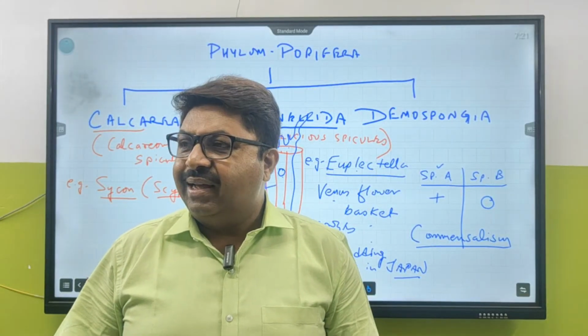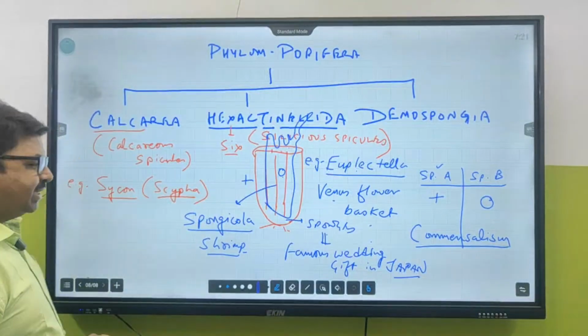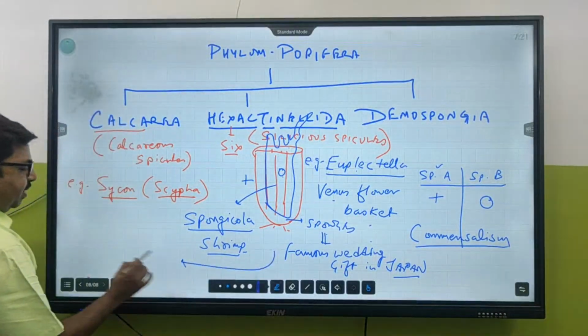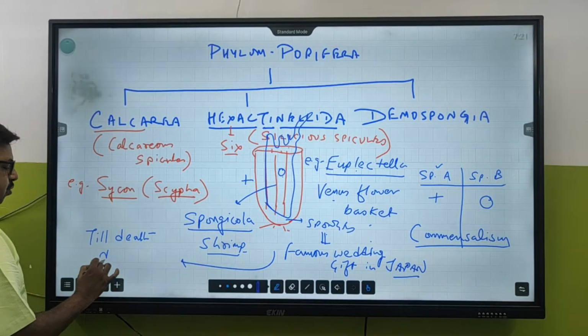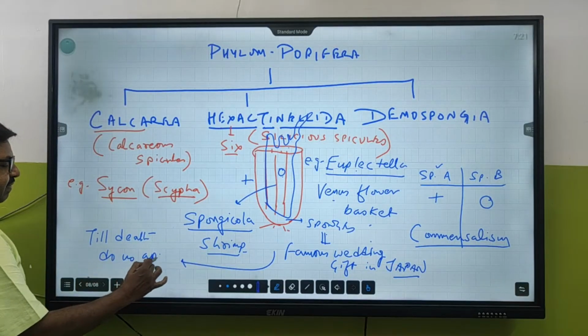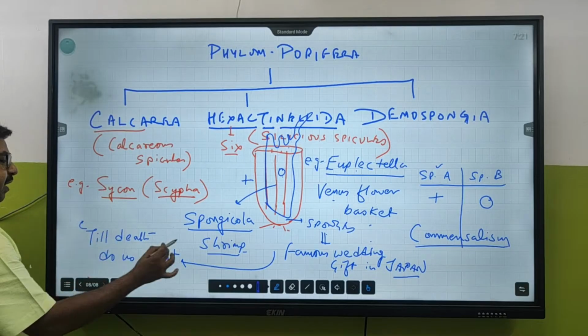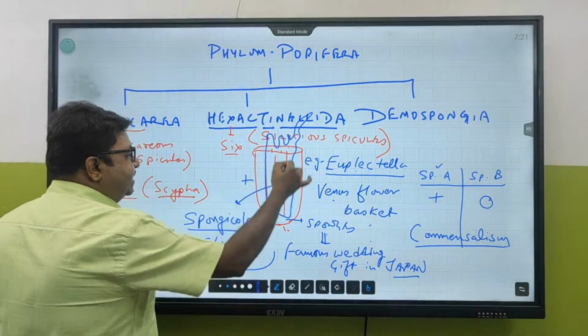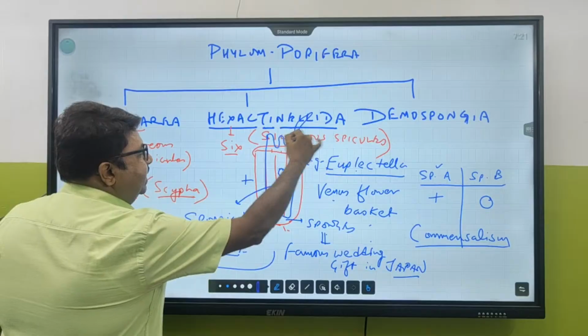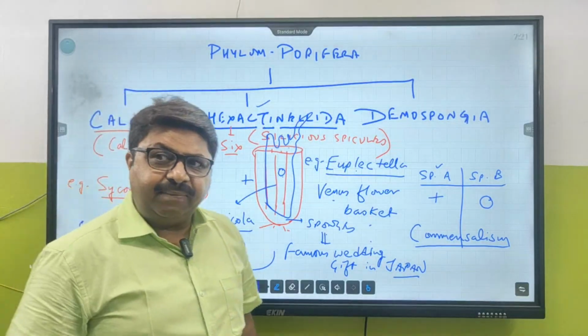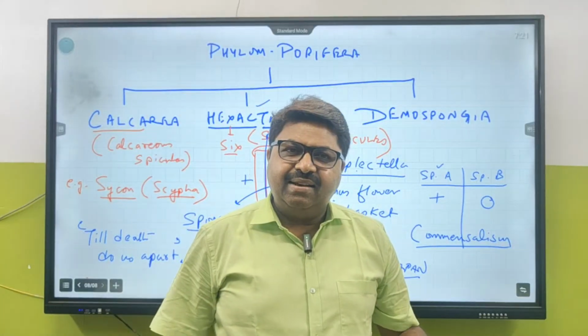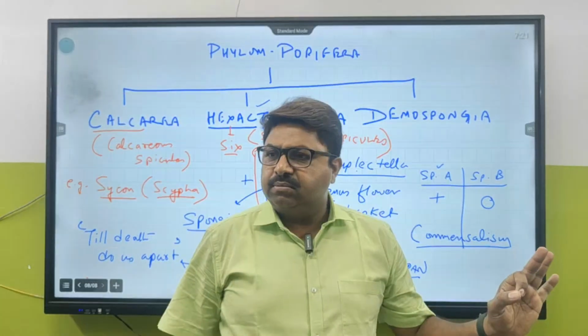It depicts till death do us apart. So it's very, very important for your NEET examination. Euplectella has 6 rows of siliceous spicules, and that's why they come under class Hexactinellida, and they are the famous wedding gift in Japan.